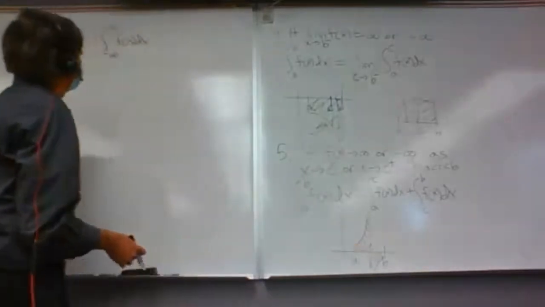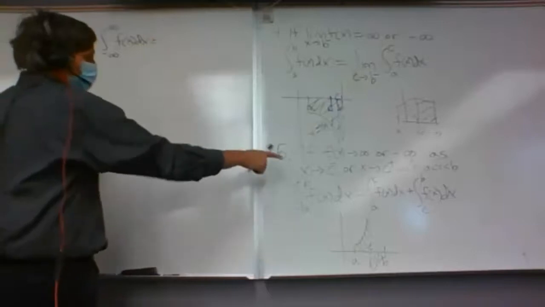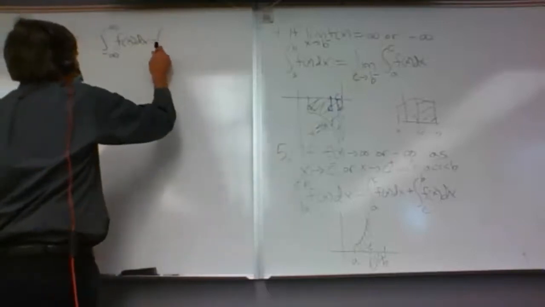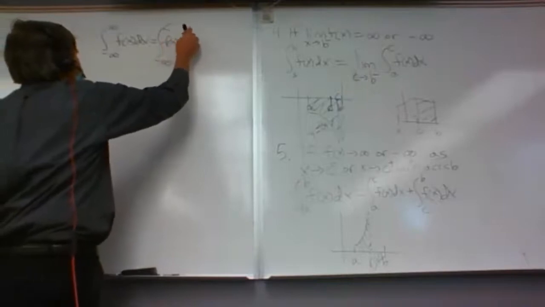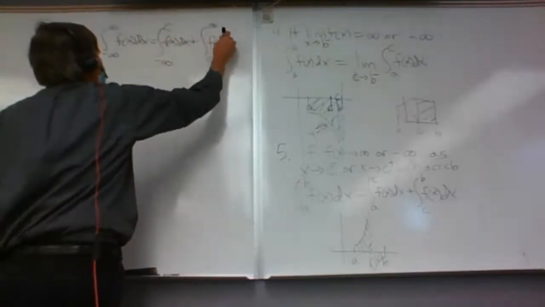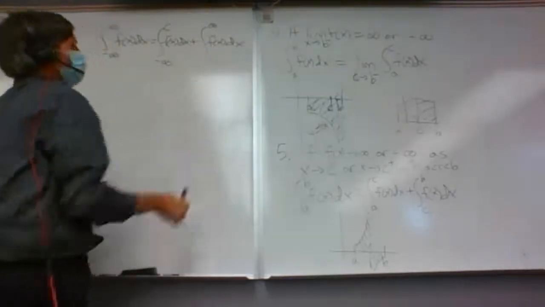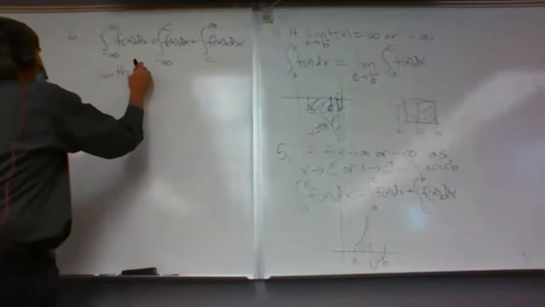Those are the improper integrals. This one will be defined this way. We'll again make this rule carry over. We'll say it's the integral from minus infinity to c of f of x dx plus the integral from c to infinity of f of x dx. This same rule carries over with c any intermediate point.